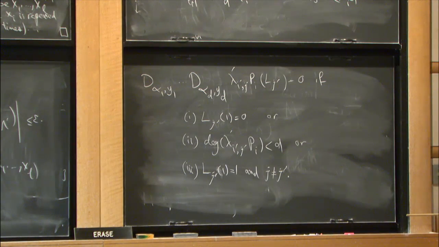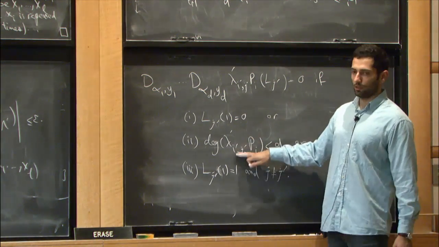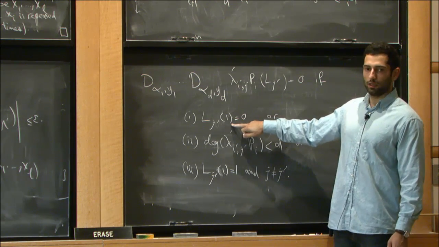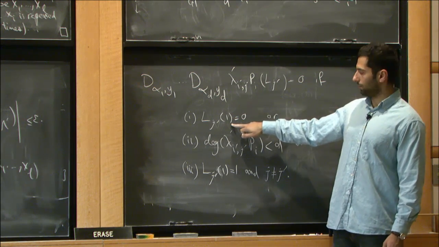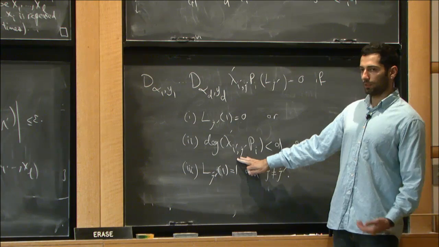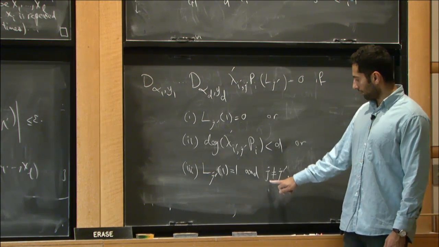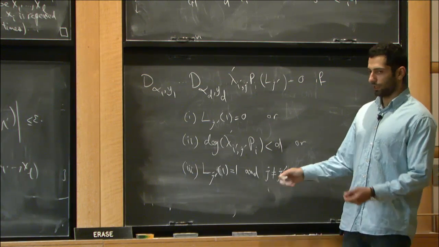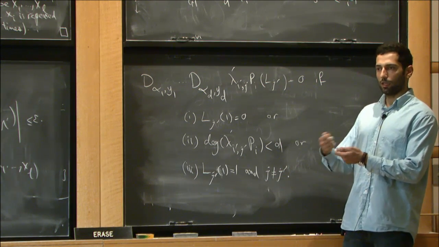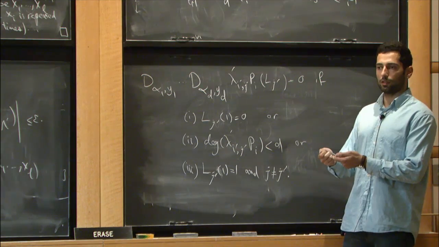So this will kill all such things, because the first two are easy to see. The first is because we take a derivative at E1, and E1 is orthogonal to this. The second is because we take d derivatives. And the third is because if j prime is not equal to j, there must be some entries where L_j is different from L_j prime.